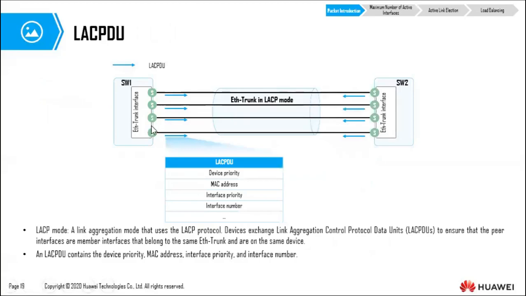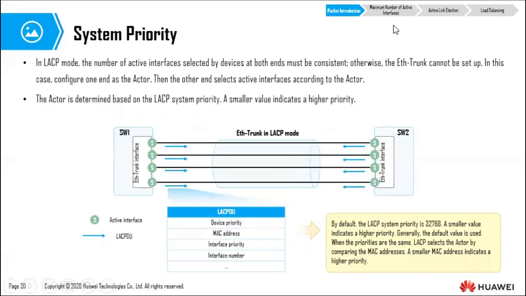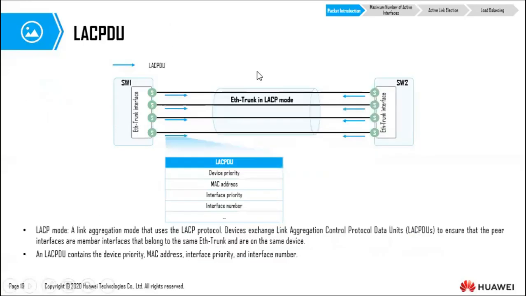So let's look at the other mode, which is LSCP mode. With LSCP mode, you're using the link aggregation control protocol to exchange packets between the devices, and they're going to automatically create an Ethernet trunk between them. So LSCP mode is a link aggregation mode that uses the LSCP protocol.